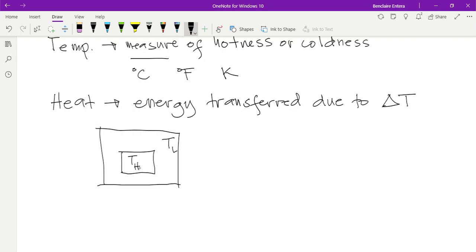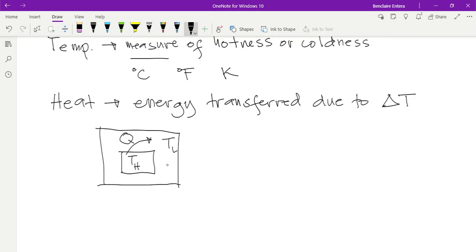So TH is higher temperature, TL is lower temperature. In this case, your object will transfer heat to the surrounding. We'll denote heat as Q, temperature as T. So whenever there's difference in temperature, there is energy transfer, and that energy transfer is in the form of heat.